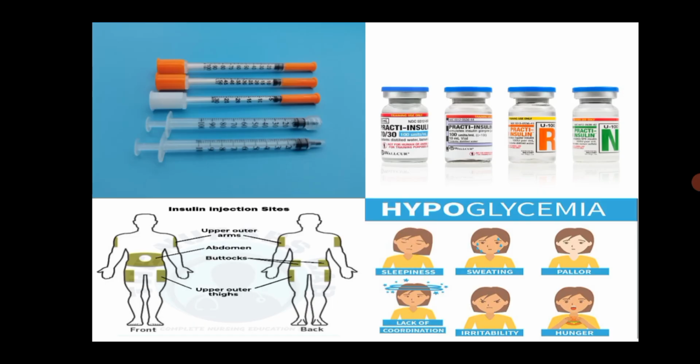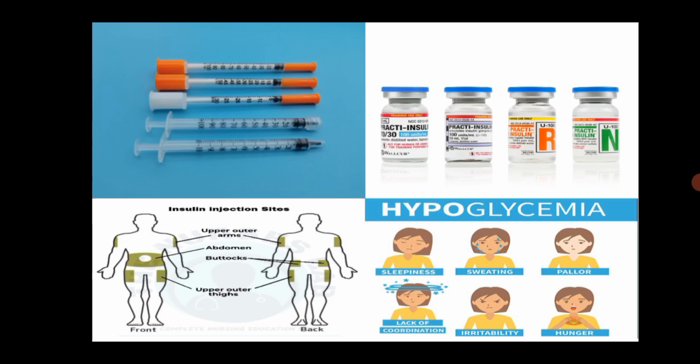So, some of the most important exam questions that we must know as smart nurses, or the common questions that are asked when it comes to insulin and diabetes, are that they might ask you which insulin can be given IV. And what is the answer?